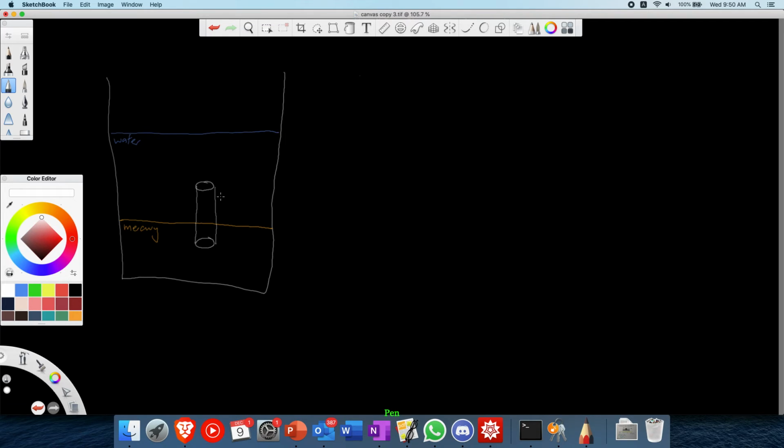So first of all, what are the surfaces that have the forces acting on them? So there's this surface, and then there's this surface. Alright, so the upthrust equals F2 minus F1.